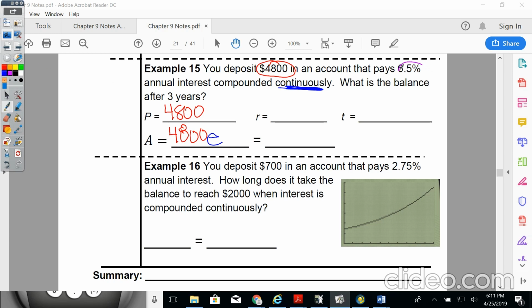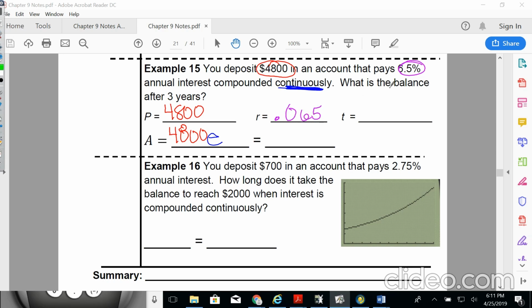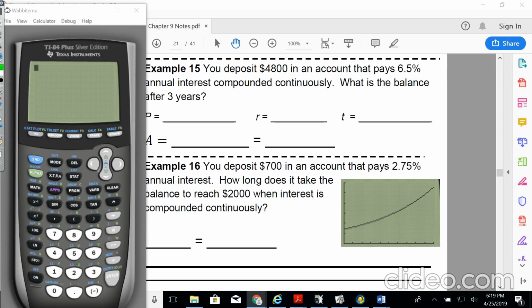All right, my rate, 0.065, because I move it back twice. Multiply by 100 is 2 decimal places, so 0.065. And I'm going to multiply that by T. All right, so last one got cut off.